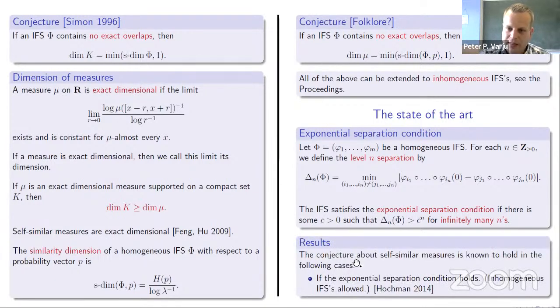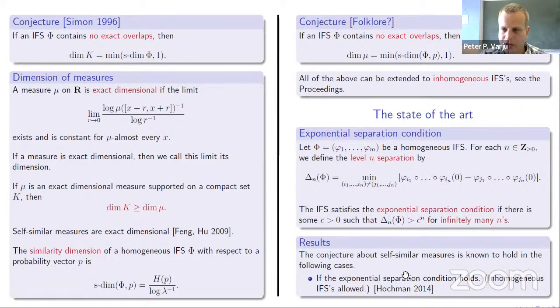The first result was proved by Hochmann, and he gave a talk at the Congress 4 years ago where he talked about this. But it is a very important result, so I mention it. It says that the conjecture about self-similar measures holds if the exponential separation condition holds for the iterated function system.